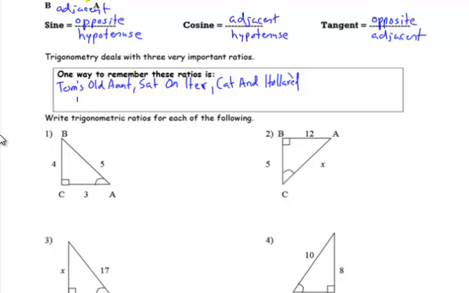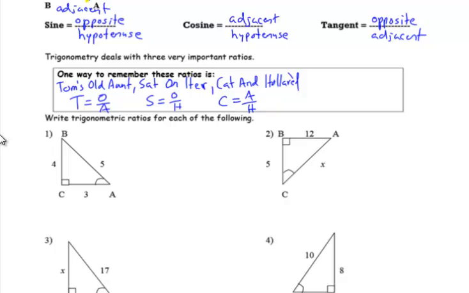So what is that? Tangent is opposite over adjacent. Sine is opposite over hypotenuse. Cosine is adjacent over hypotenuse. So that's one way: Tom's old aunt sat on her cat and hollered.